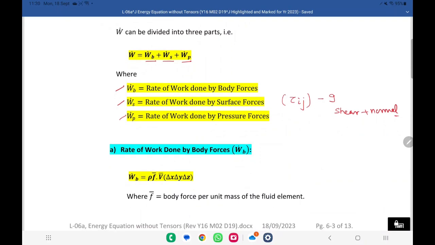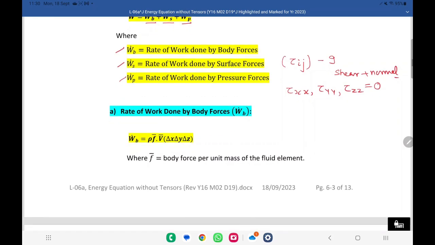Why we are doing so? Because of generalization. So your normal force tau xx, tau yy, tau zz, they will be equal to 0 for the fluid. Now this is the work done by the body force. First we start with this. F is the body force, and normally it is g. And I told you it can be magnetic force also, electric force also.